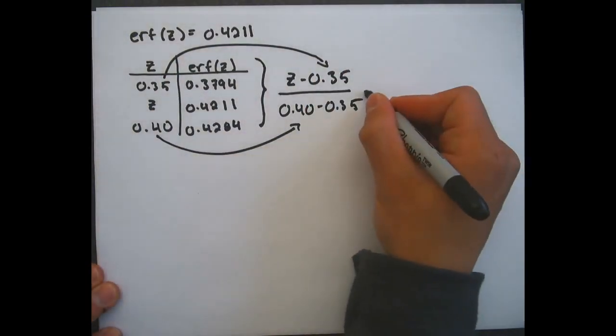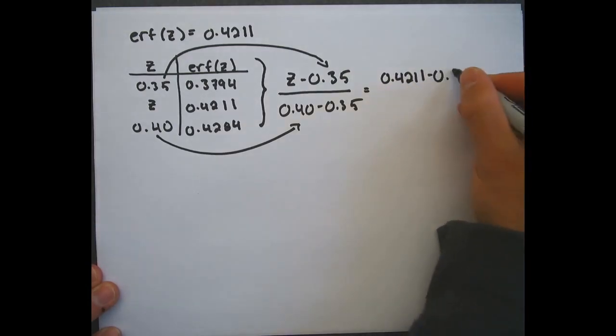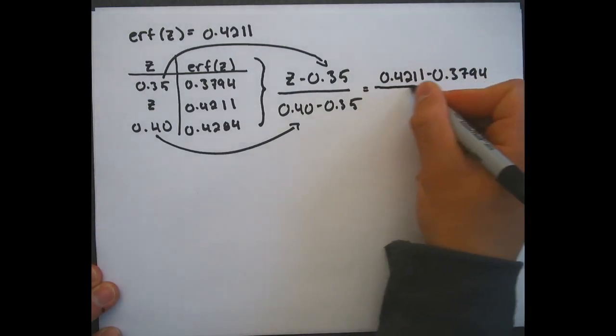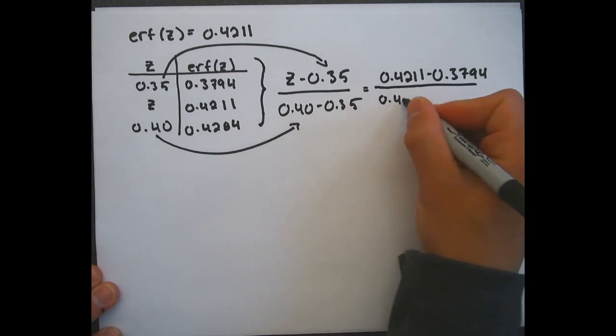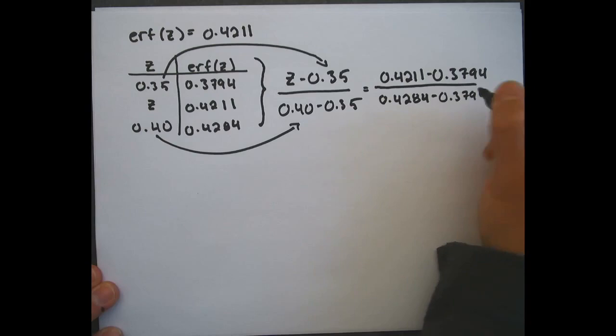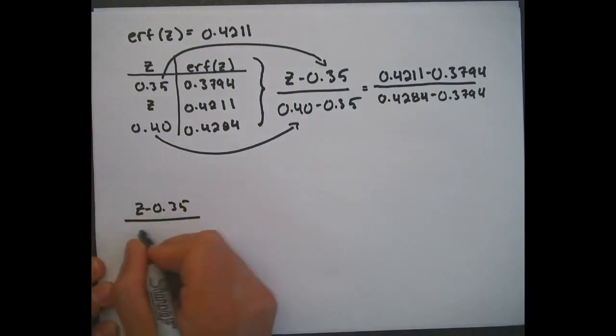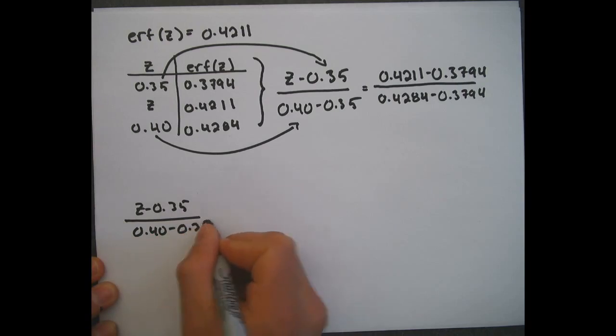You can see how that relates. We set that equal to the error function of z minus the lower value of the error function, over the higher value of the error function minus the lower value of the error function. You can see how these all relate to one another.